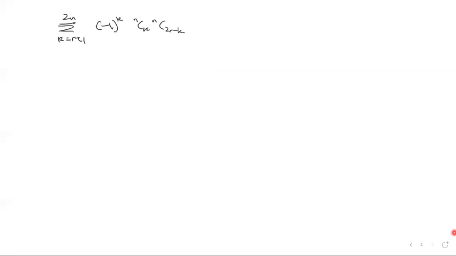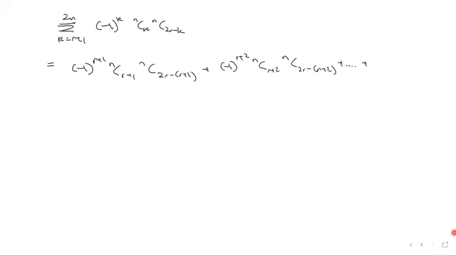Now, if we just write out a few terms here, that might help. So that means we've got (-1)^(r+1) nC(r+1) n C (2r minus (r+1)), plus (-1)^(r+2) nC(r+2) n C (2r minus (r+2)), plus dot, dot, dot, and ultimately you're going to get (-1)^(2r) nC(2r) n C (2r minus 2r).